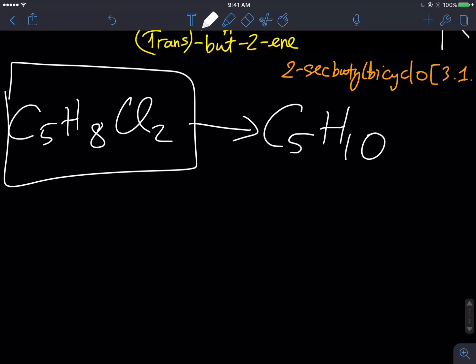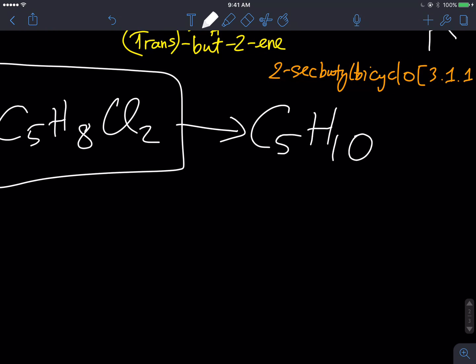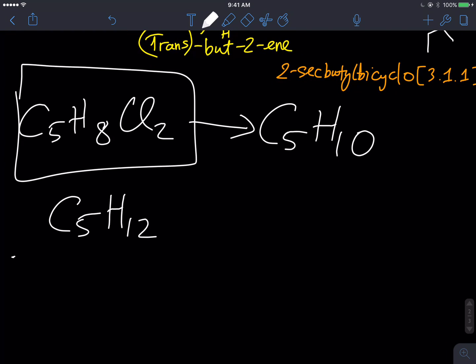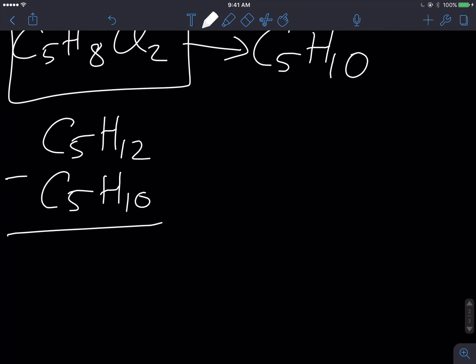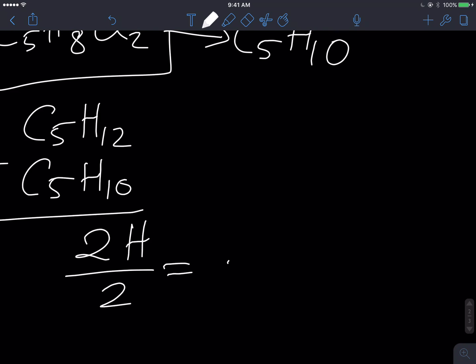Try this, C5H12, and then subtract C5H10. How many hydrogens are missing? 2 hydrogens missing, right? And you divide it by 2 like the formula in his lecture, you get 1.